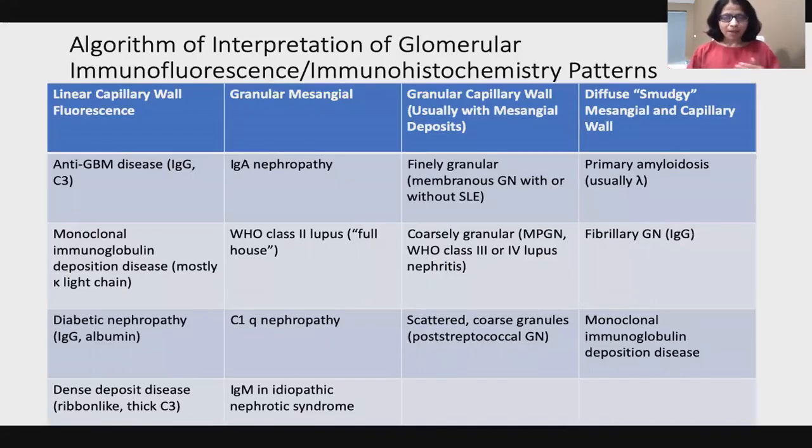Once we establish what the appearance is or what pattern there is, which I'll show you some pictures of very soon, then we look at the deposition of the immunohistochemical stains. If they deposit in the mesangium, or along the capillary loops, they all have a different meaning. What is depositing, how much is depositing, and what is the combination of immunoglobulins and complement components all help us reach the final diagnosis.